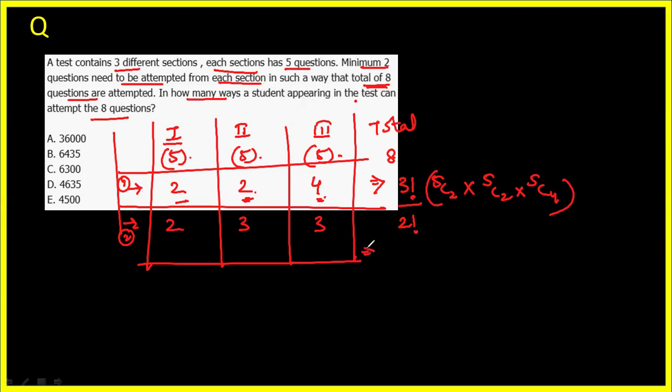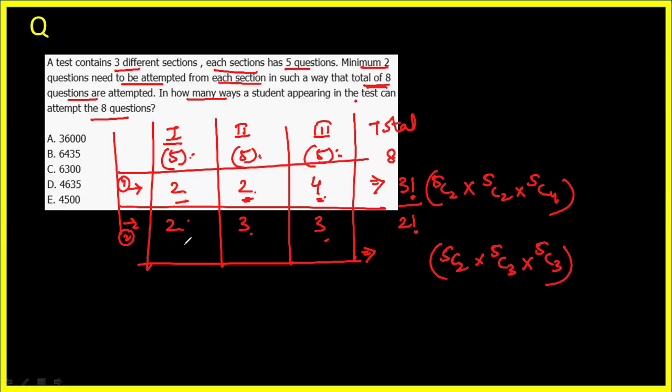What about case number 2? Out of 5, 2 are required. In how many ways can 2 questions be attempted? It has to be 5C2. And out of 5, 3 questions required. In how many ways? 5C3. And out of 5, 3 questions required from section 3. That has to be again 5C3.